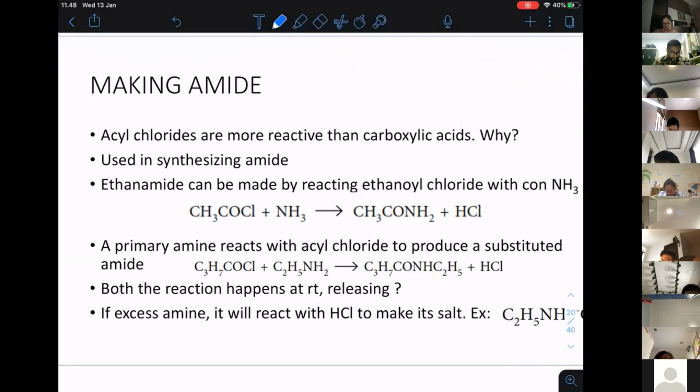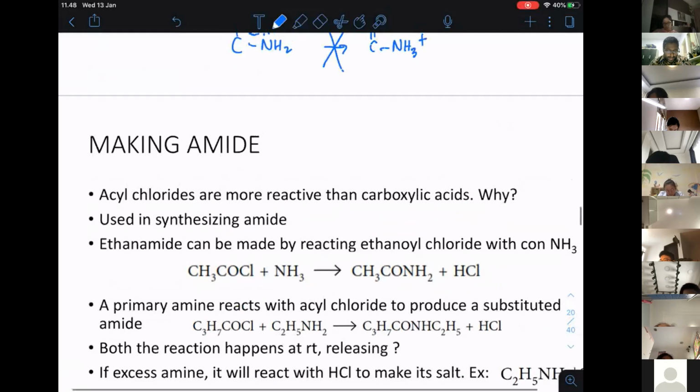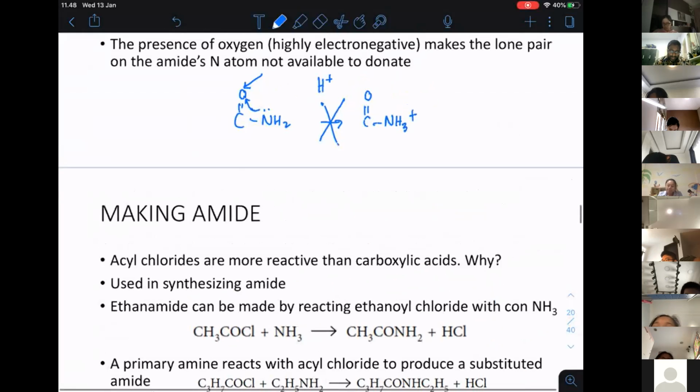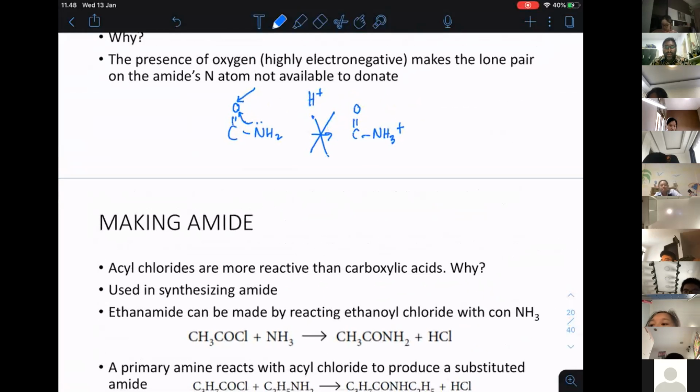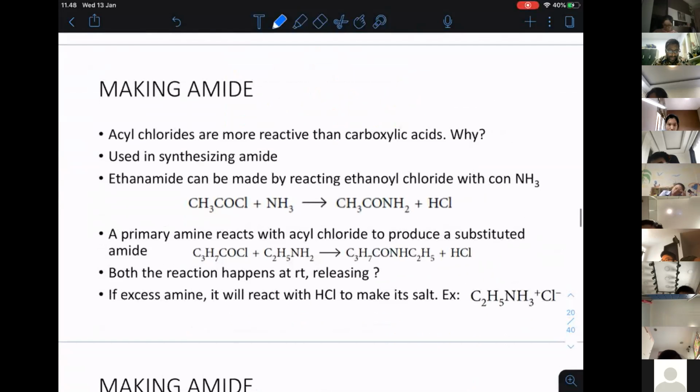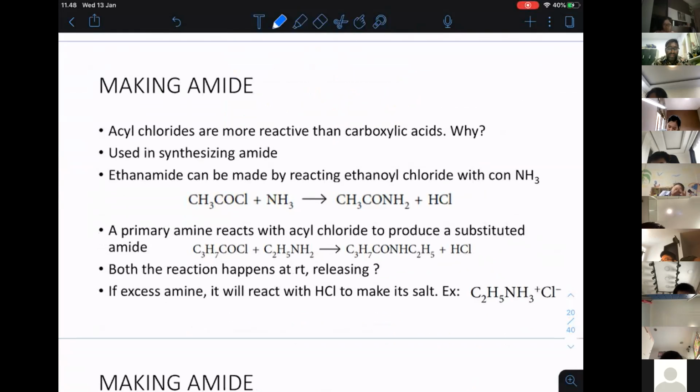Okay, so you know that amides are not going to be basic, so it's neutral. So let's look at how we make amide. But before that, I'm very sure that you know, previously we have learned that you can make amine from amide.